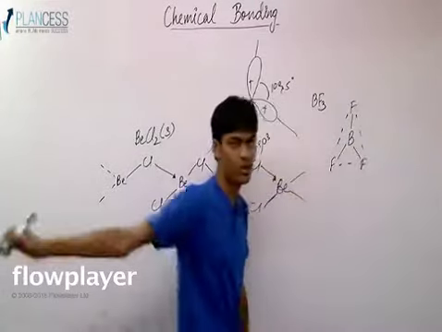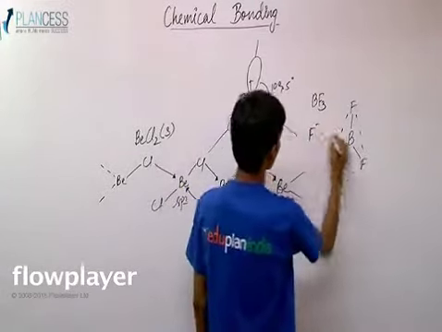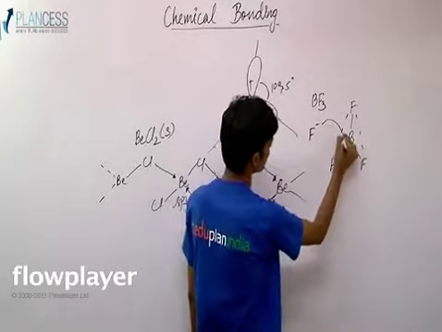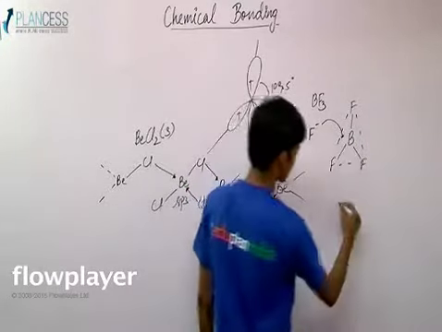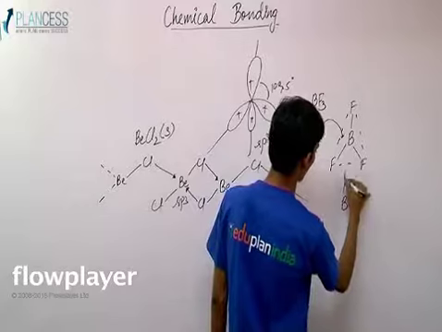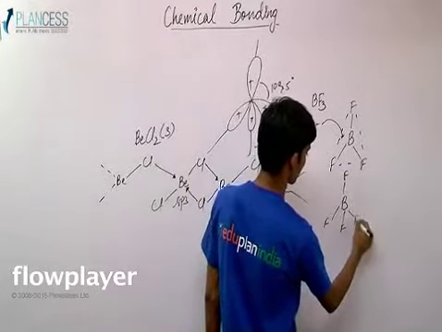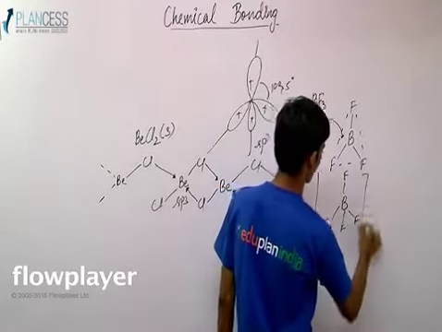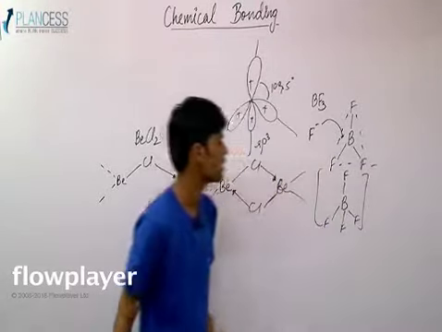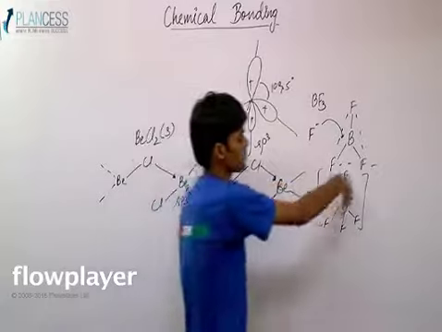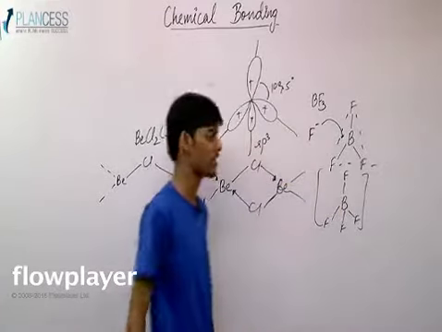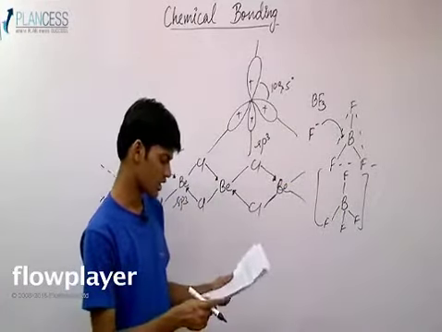But it has a vacant p orbital, so another F minus can come and donate its electron pair to that vacant p orbital. So the structure would be a complete tetrahedron in that case. It would be BF4 minus, and the minus charge would be on the boron, but it is shown on the molecule also, and it is tetrahedral.